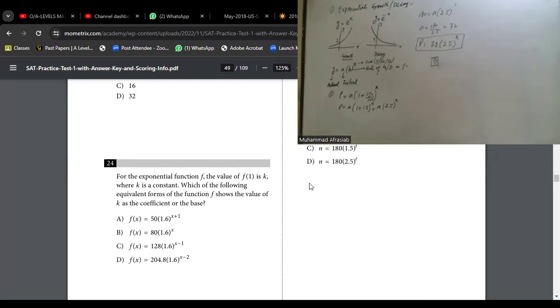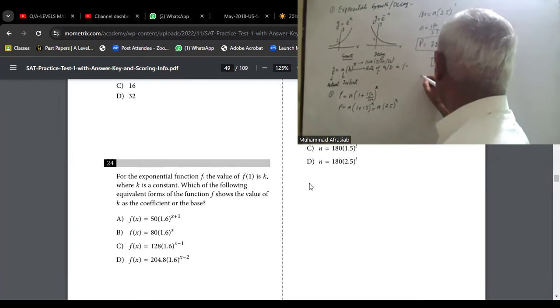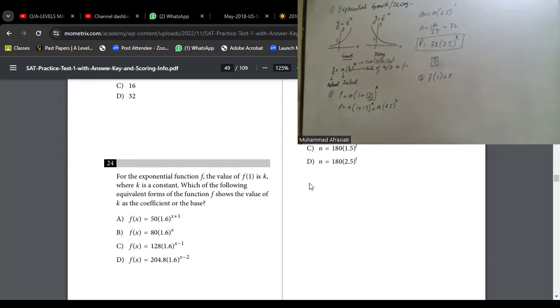There are four choices given. So f of 1 is k, where k is the coefficient or the base.